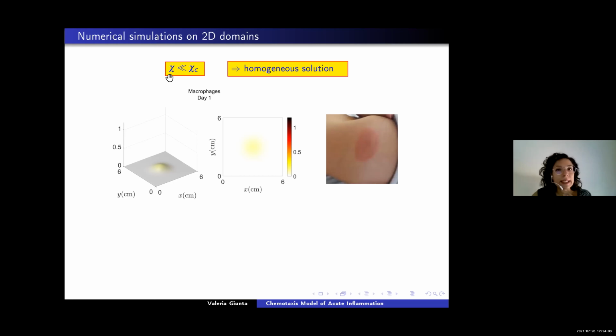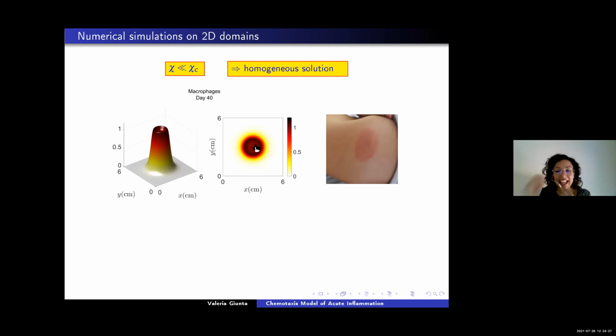When chi is below the Turing threshold, the initial condition evolves toward a homogeneous rash. The initial condition is a high localized density of activated macrophages, and we don't know the reason why these macrophages have been activated.